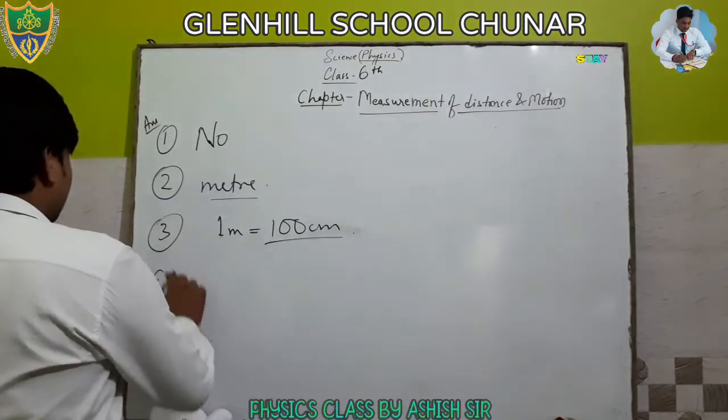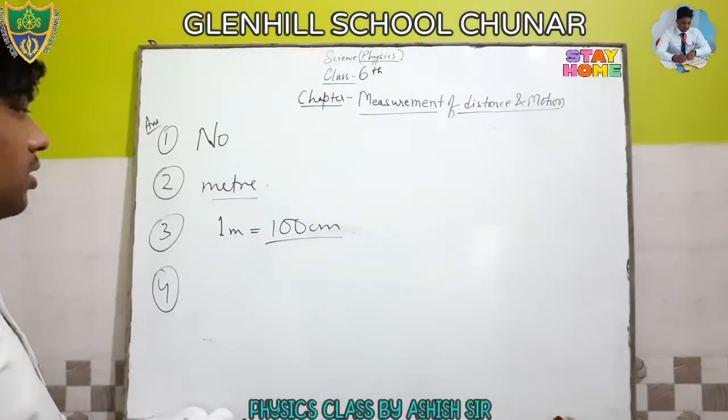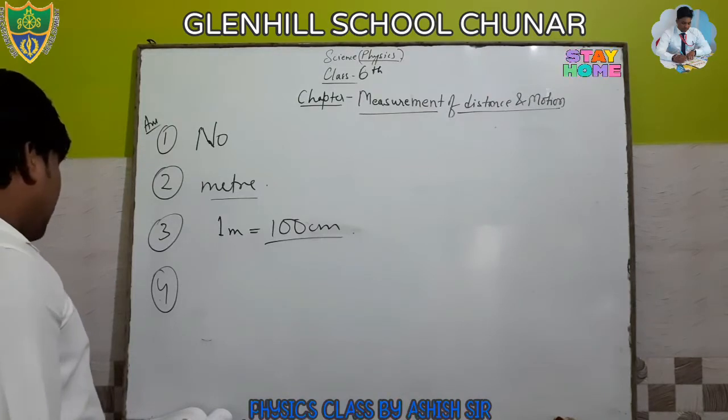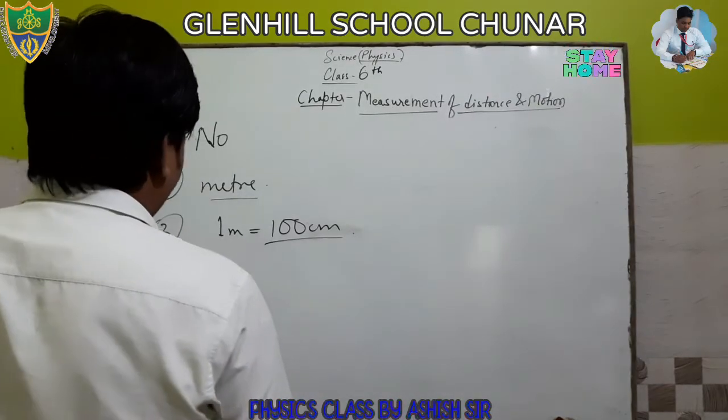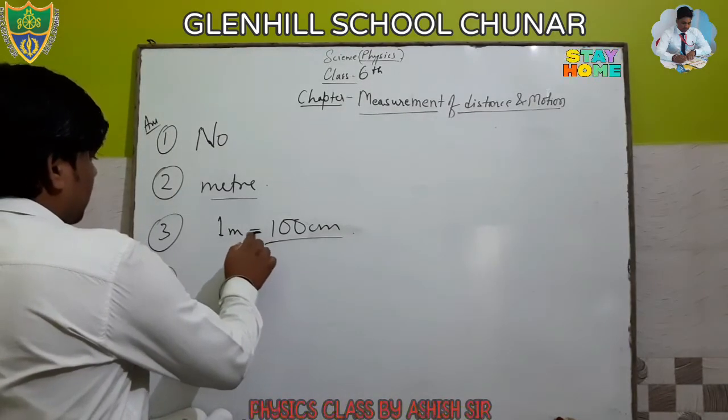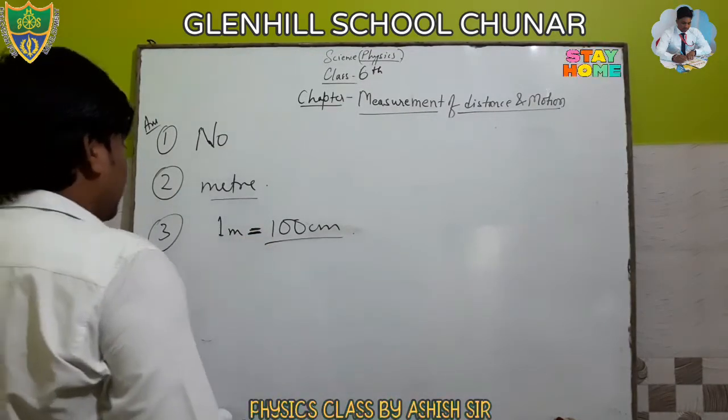Now the fourth question is, name the measuring device which can be used to measure the girth of a tree. What do you use as the measuring device?